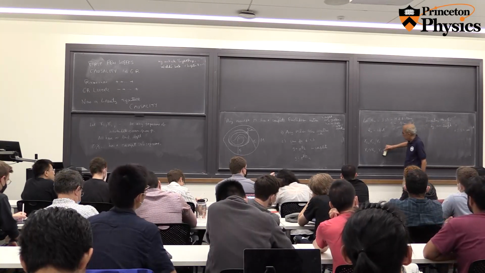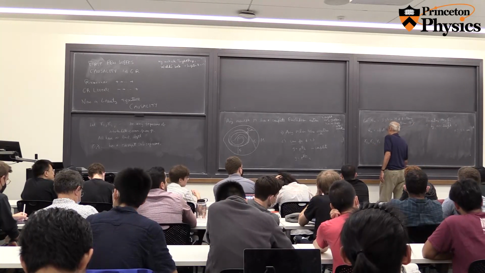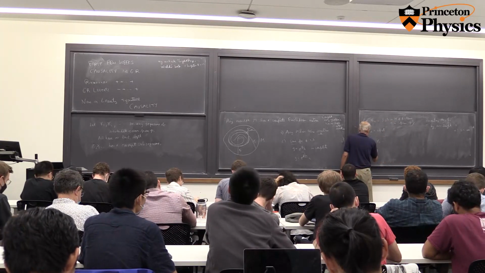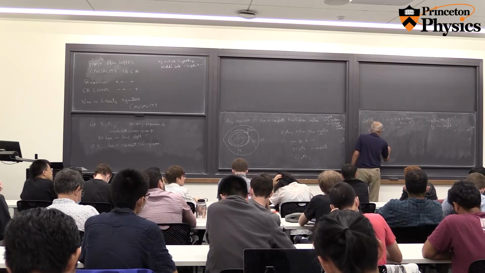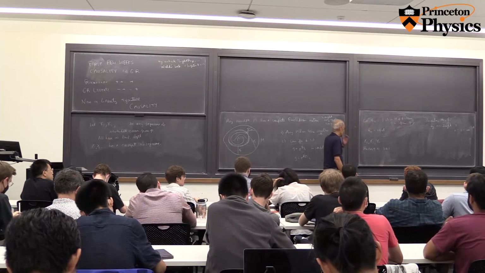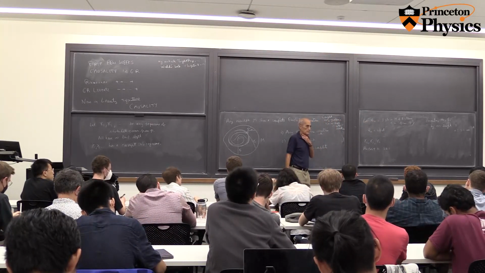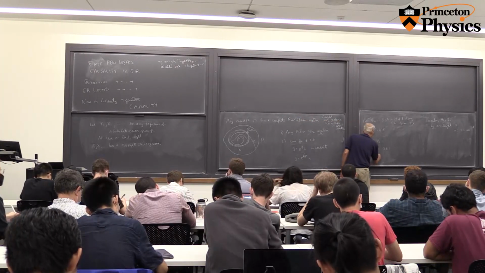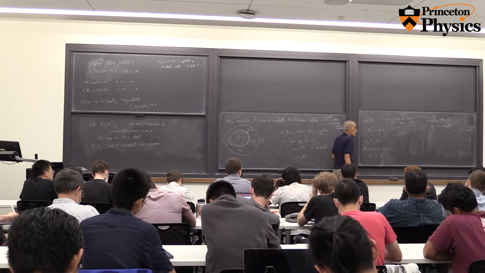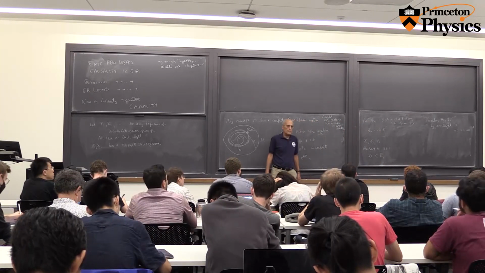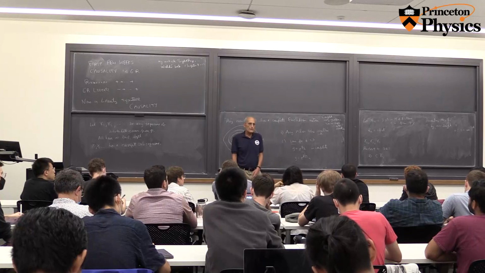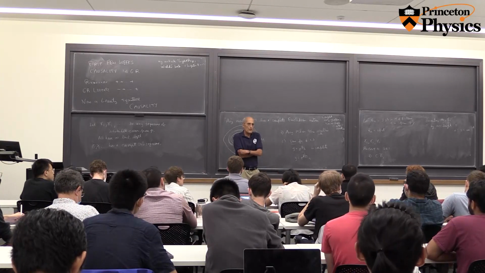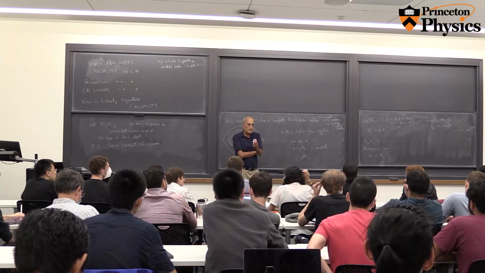So first, restrict to S equal to or less than 1. That means the restriction is now contained in B_1, and B_1 is compact. And now we're in a situation we were in about an hour ago. We have a sequence of curves with the same starting point in the compact manifold.